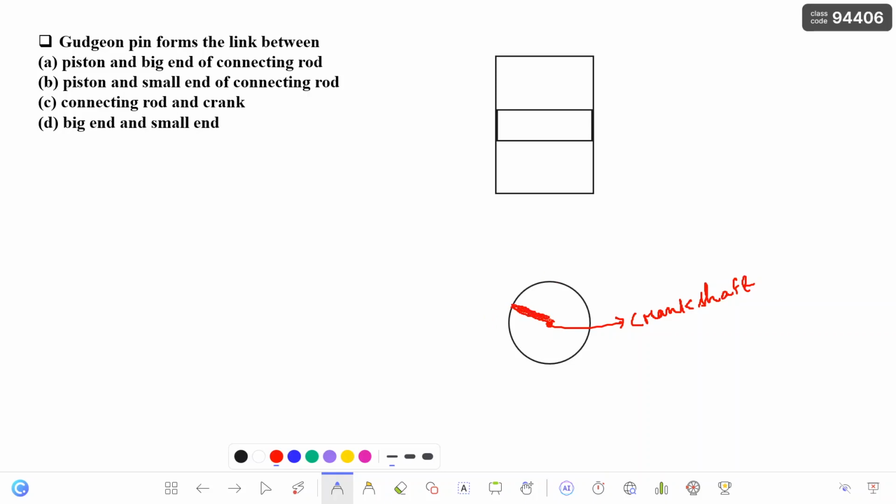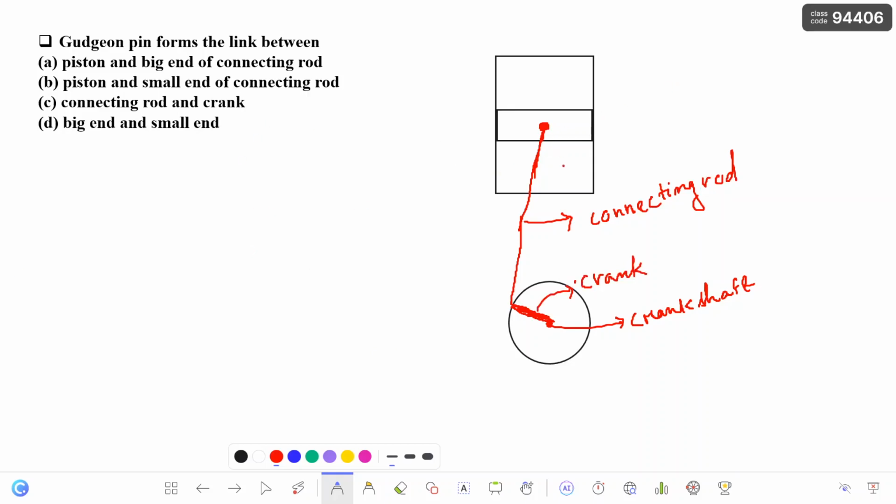This is a piston, and there will be a pin that will join it. This is called the connecting rod. This is called the crank.